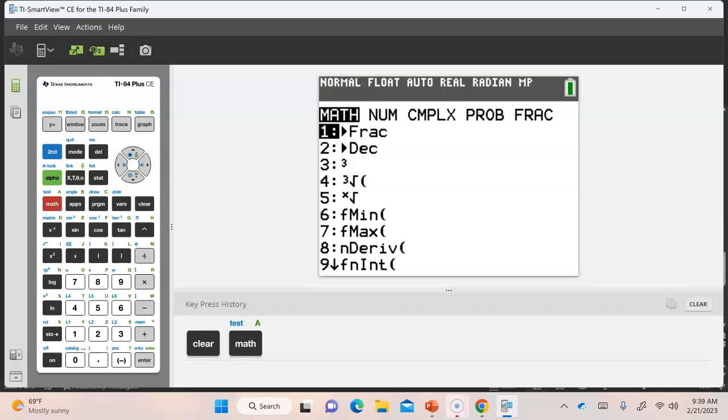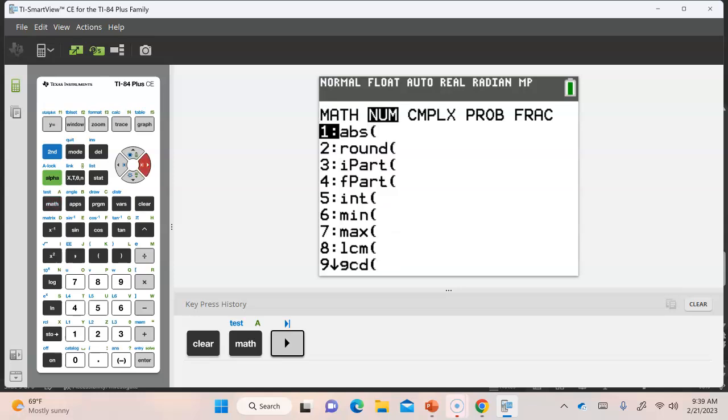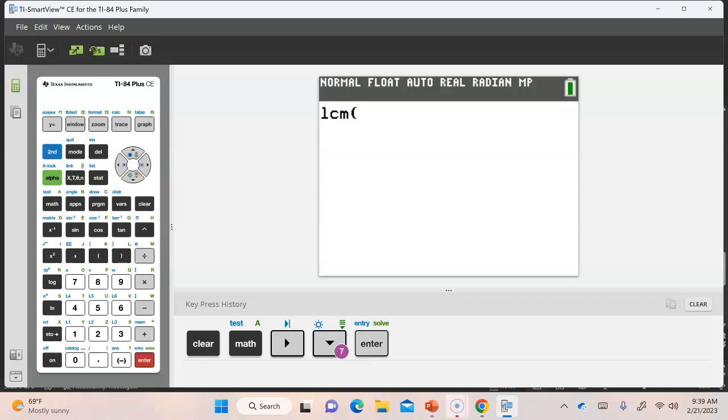You click on that. You want to go over to the column that says number, N-U-M, for number. And then remember, LCD is synonymous with LCM. So you want to go down to number 8 for the LCM. And you click on that. You type in the two numbers that you want to find the least common multiple of, which is 39 and 26.